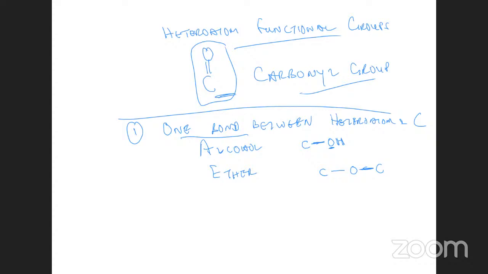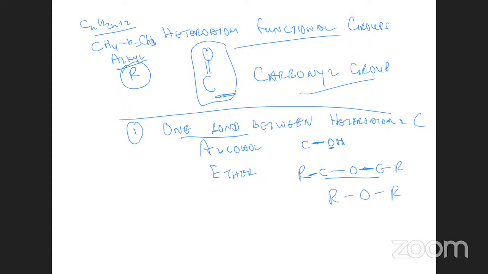When you study each group, for alkanes, if you have an alkane which has the CnH2n plus 2 formula, say CH4, but if you take one hydrogen away, you end up with a group called an alkyl group. Minus H, then I will get CH3. Likewise, in each alkane, if we take away one hydrogen and connect it to the rest of the carbon chain, we can denote it by the letter R. So this side also R. Ether is generally drawn like this to show it, or alcohol is written like ROH.